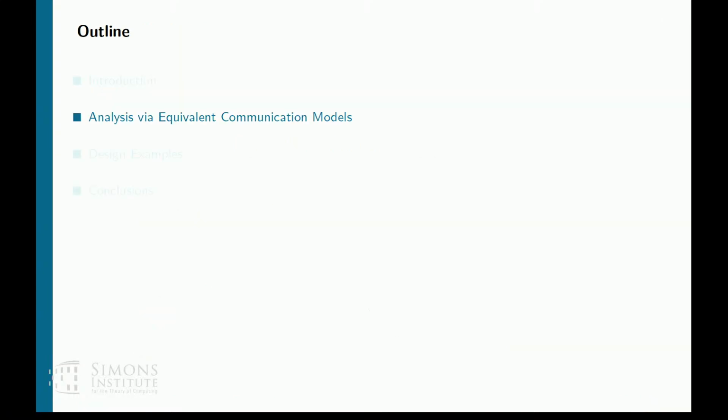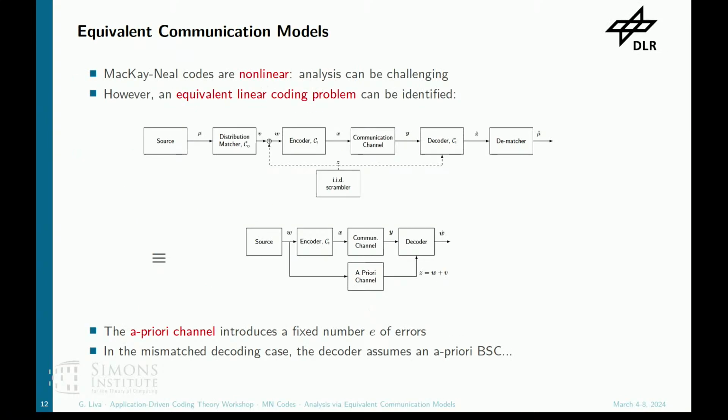Now, how to analyze this scheme? Obviously, the overall scheme is nonlinear, which means that there are some complications in the analysis. We cannot use the all-zero code word assumption. There are several things that become a little bit more complicated. But actually, it is possible to turn this problem into an equivalent problem, which is entirely linear.